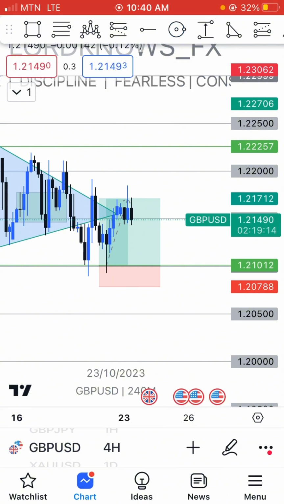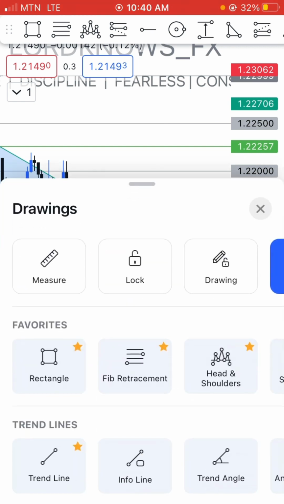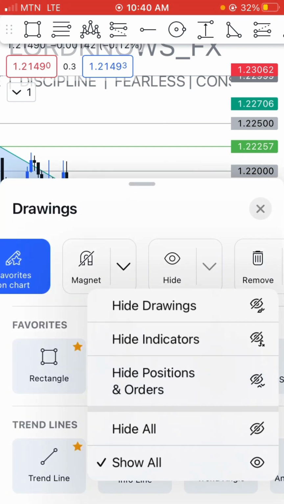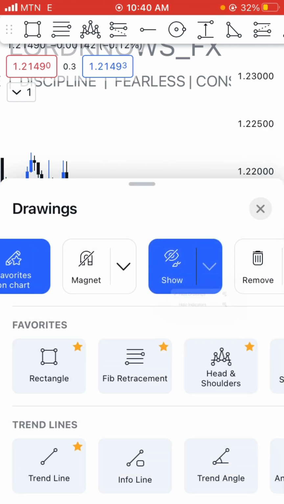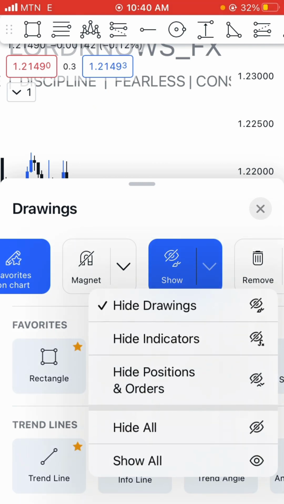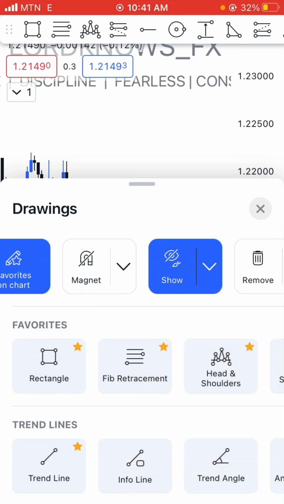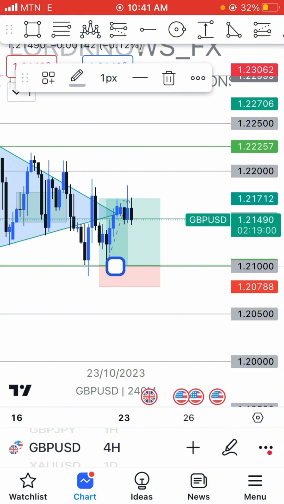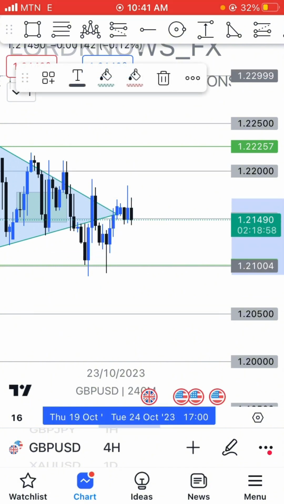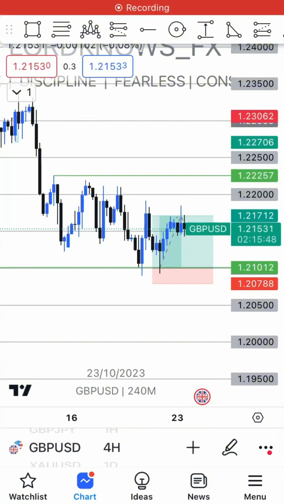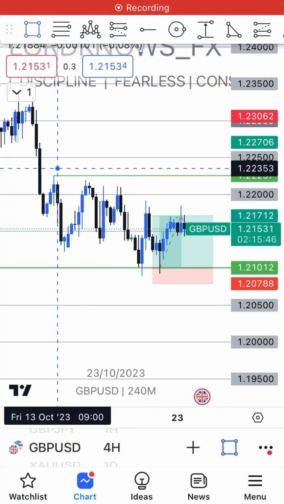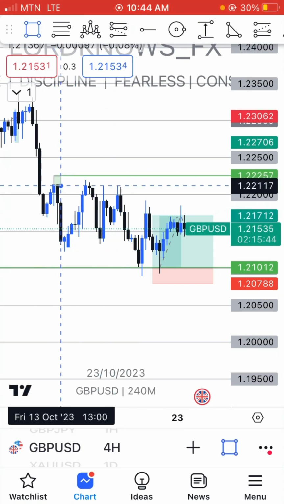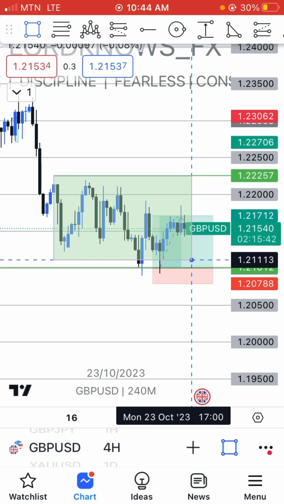So let me try and remove this and continue with the analysis. So guys, when I say something is ranging, it means that from this zone, the whole of this zone, the market is ranging.